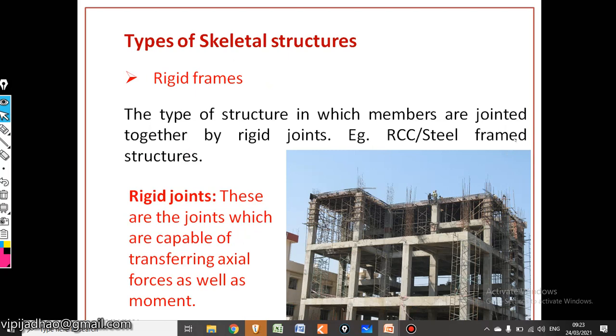Then we have rigid frames. In this type of structure, the members are connected with each other by rigid joints. So what is a rigid joint?